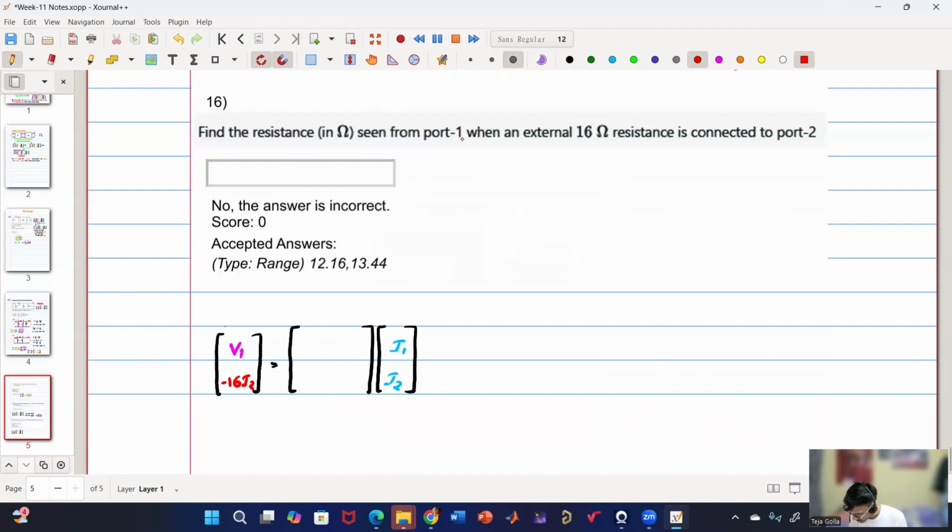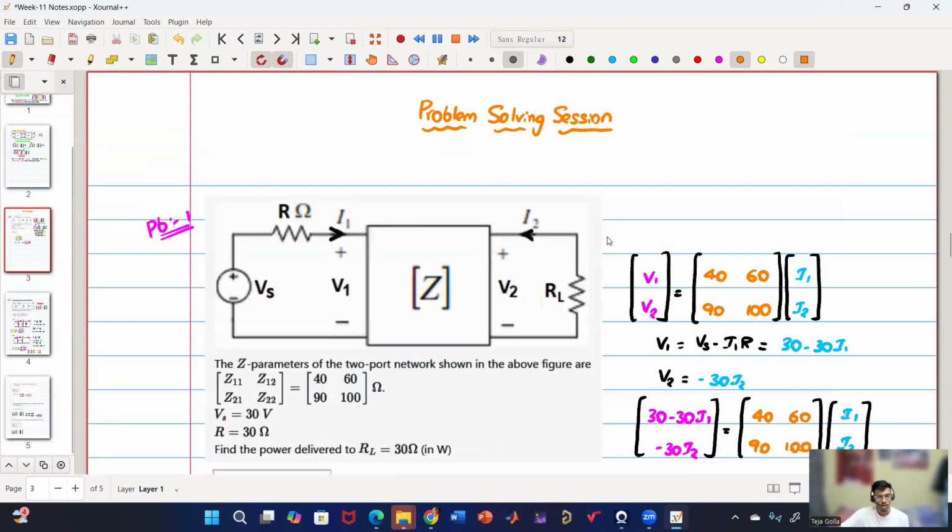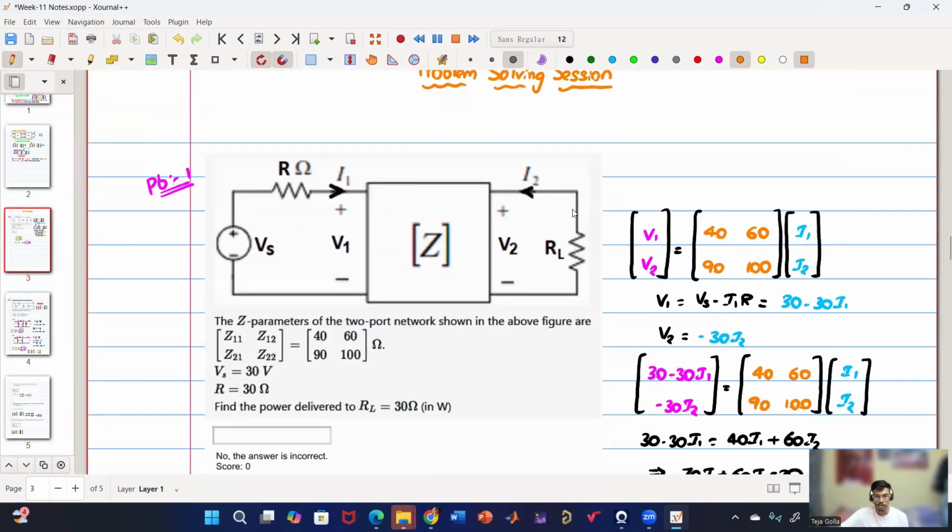But how minus 16 I2, sir? Okay, just a minute, I'm coming. So this is 16, this is 16 by 3, this is 16, and this is 32 by 3. They said they have connected a resistance at port 2, similar to the earlier problem. In that problem, how did we say V2 is minus 30 I2?